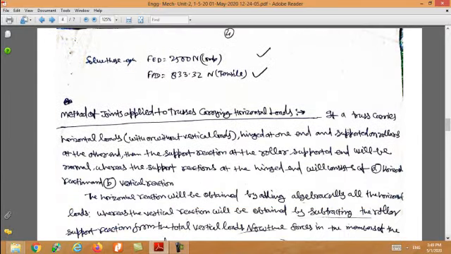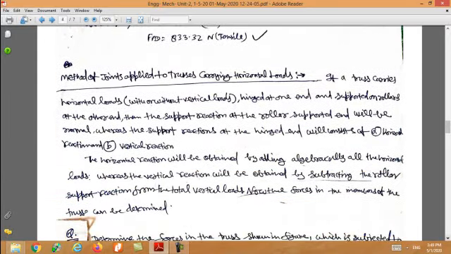Okay. So next is the method of joints applied to a truss carrying horizontal loads.